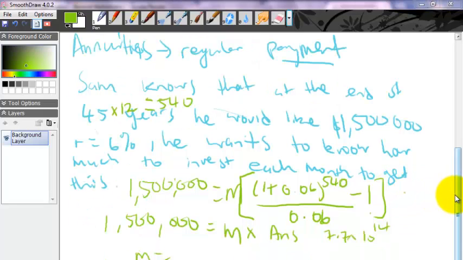Okay, I made a mistake, and the mistake was I did 6%, but I forgot to divide it by 100. No, I did divide by 100, I made it 0.06. I forgot to divide by 12 to make it per month. It's per annum right now. So that should be 6% divided by 12, which is 0.005.